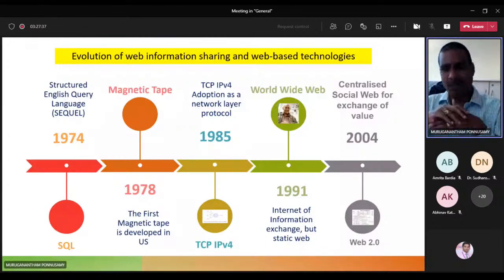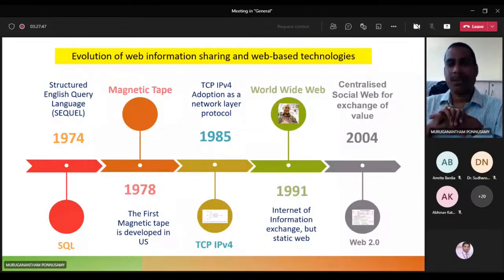Are we thinking about this FinTech technology only in the very recent past? No. For the past several decades, we have had technology implementation in the financial sector.